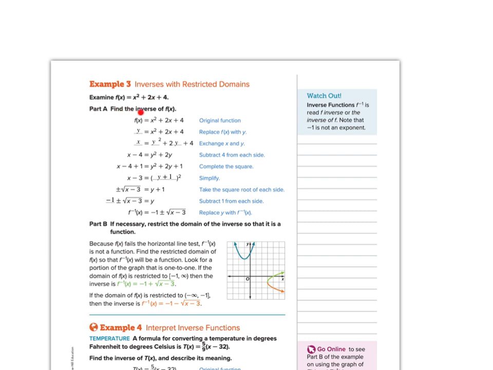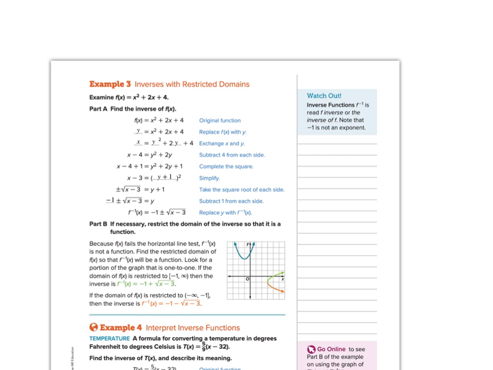Okay, so when we find the inverse of our original function, again, we take f of x and replace it with y, then we swap our x's and y's. Then they moved 4 over here, so we have x minus 4 is equal to y squared plus 2y. You might not realize it, but they just completed the square.